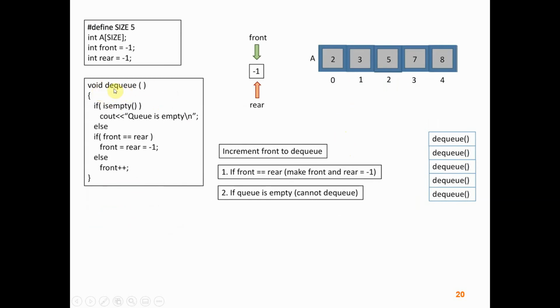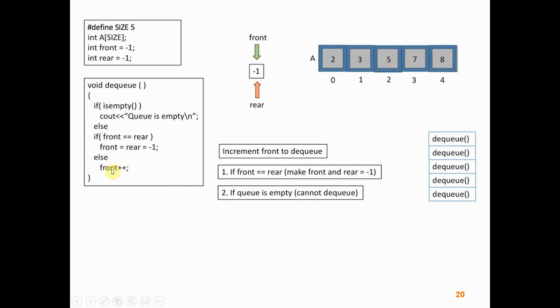Similarly, this is the implementation of dequeue for a linear array. We have to check if the array is empty or not. If it is empty, it means that both front and rear are going to be -1, or we can just check if front is equal to -1. If that's the case, we can't do anything, so we return.